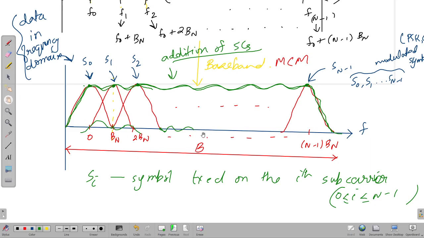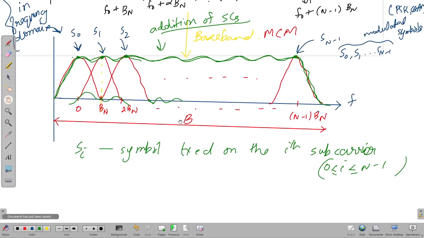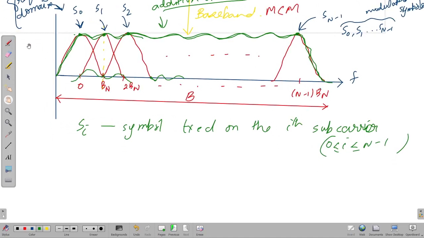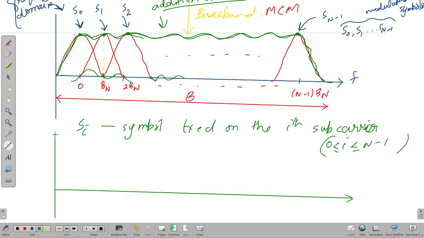And how does it look in time domain? We'll see that also. We cannot really have an obvious picture like this in time domain. However, let me just try to illustrate for completeness. So I'm drawing the time domain, and time domain is limited to Tn.